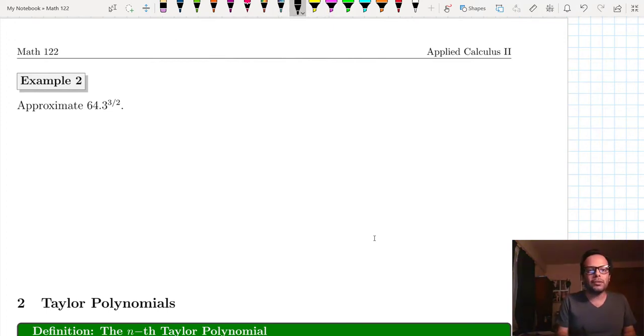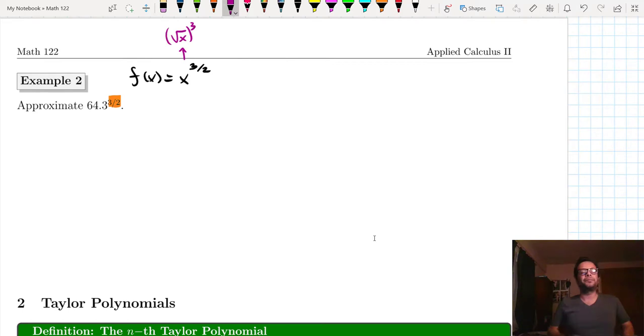So in this case, we are going to guess a function, some function f of x, that I would call f of x equals x to the 3/2. How do we know that? Well, because here we have some number raised to the 3/2, so that'll be a good guess of a function. Now, keep in mind that this is the same as saying the square root of x quantity cubed.